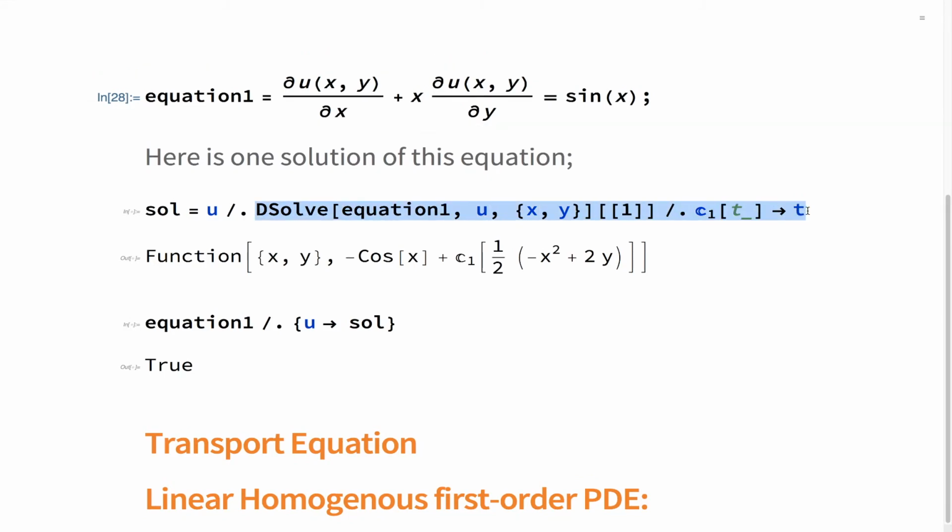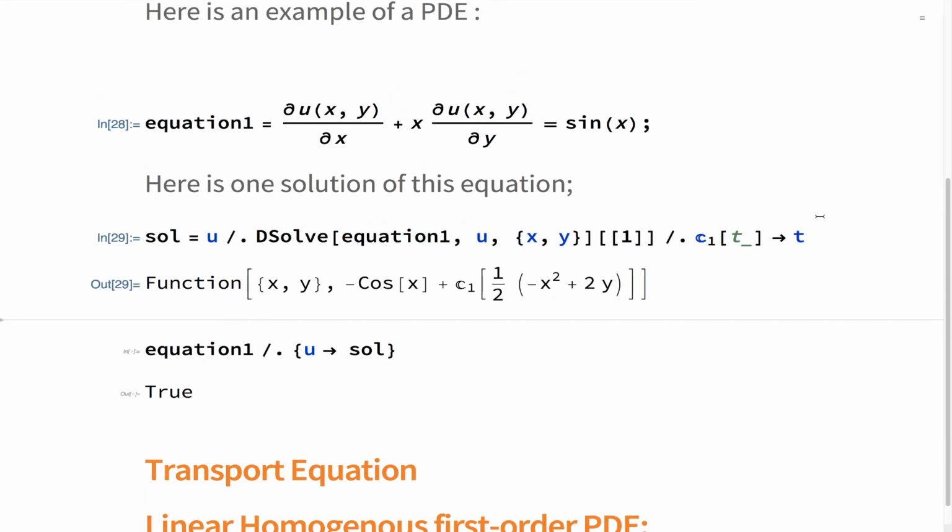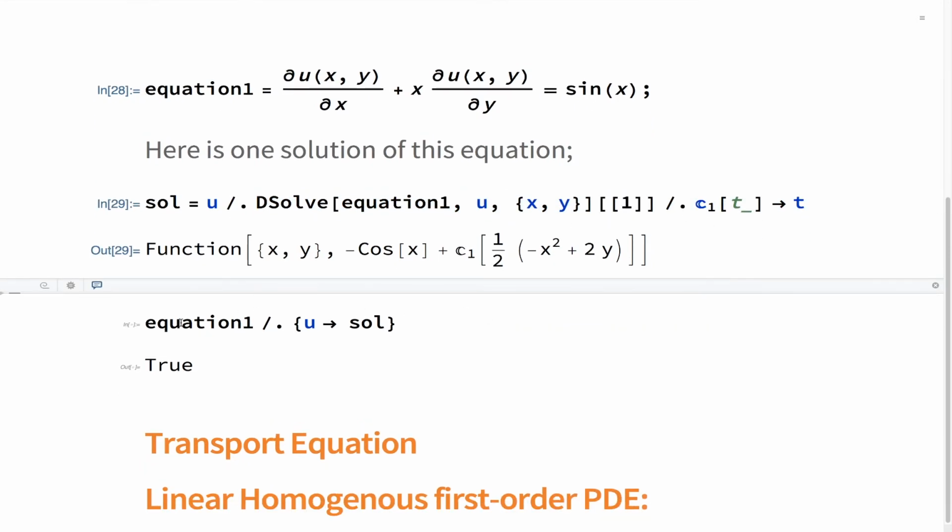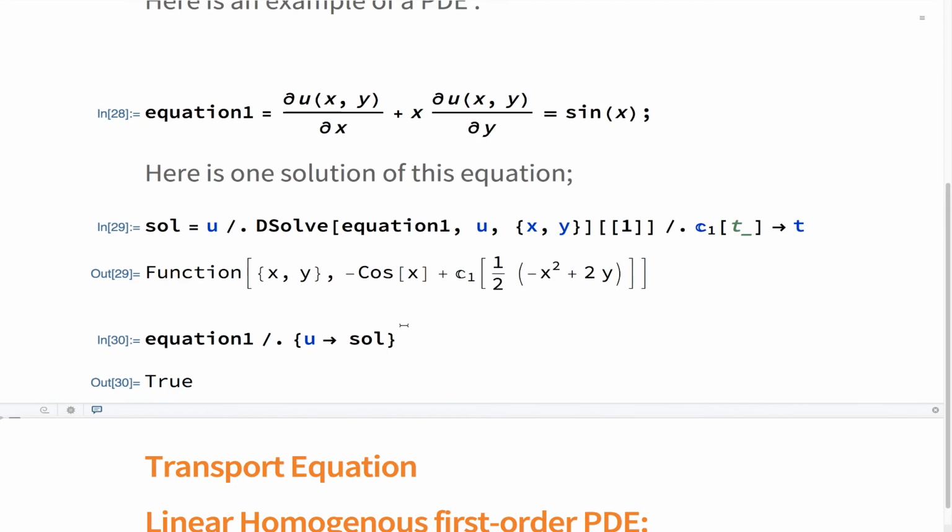Because this is a partial differential equation, we have more variables, x and y, space and time, and we solve for u. And you get the solution. Similarly, we can replace with the solution to see if it is true or not. So this is one way you can enter this equation.